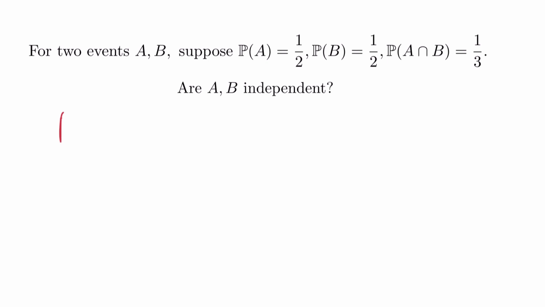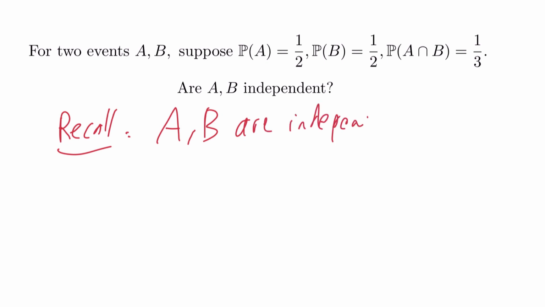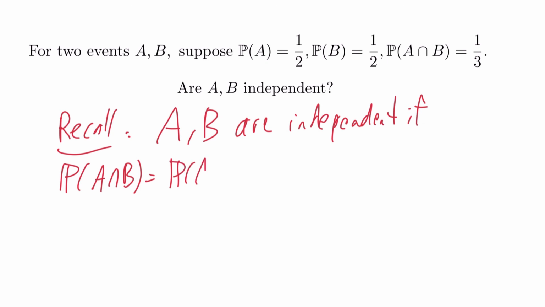So just recall, A and B are independent if probability of A and B equals probability of A times probability of B.